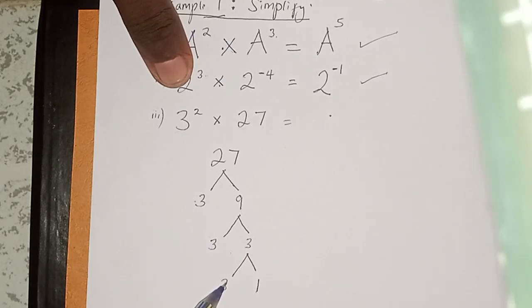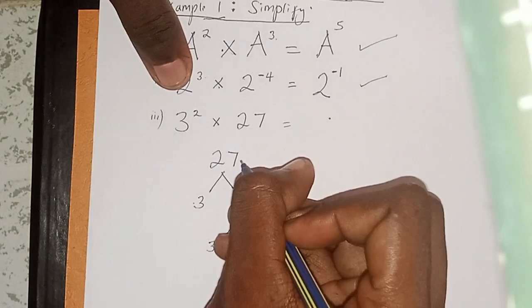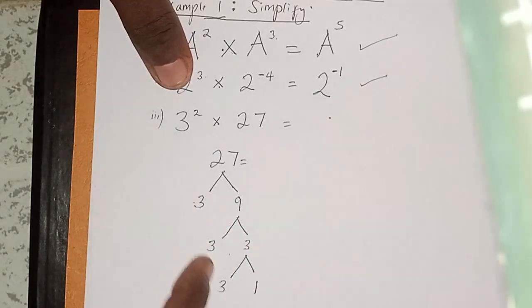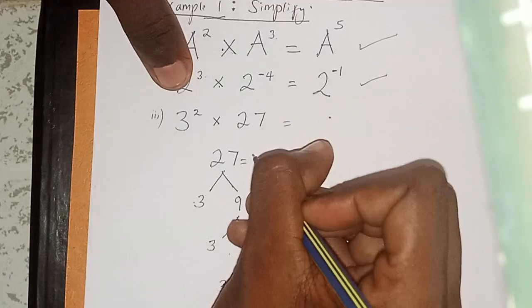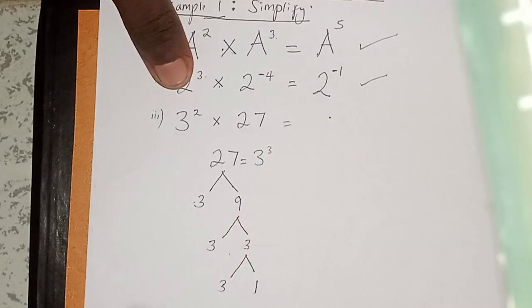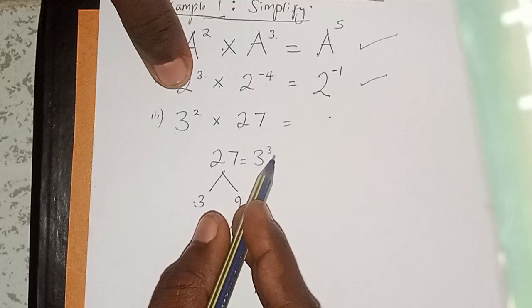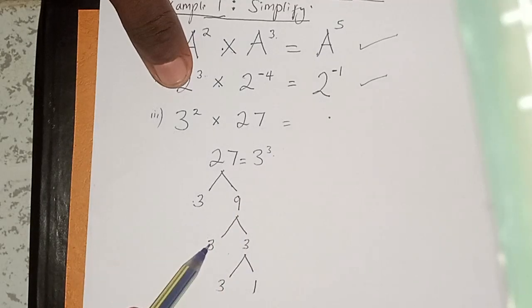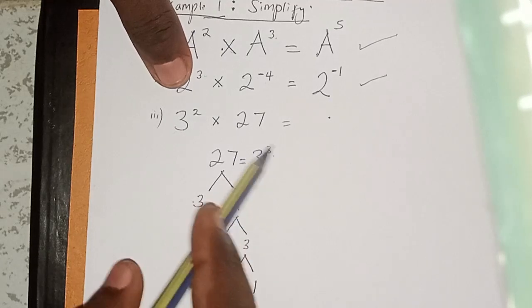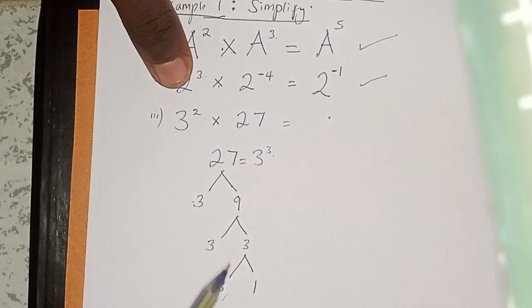How many 3's are you seeing there? There are 3 of them. So 27 is the same as 3 raised to what power? 3 raised to power 3. Remember, 3 raised to power 3 is the same as 3 times 3 times 3. So it is good that we write it in power form.